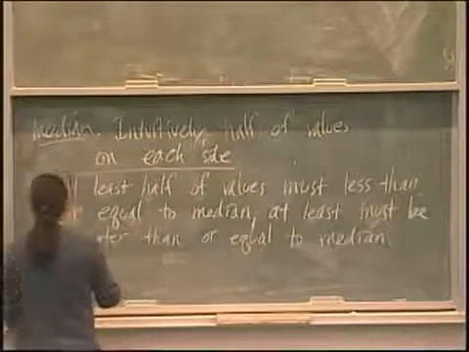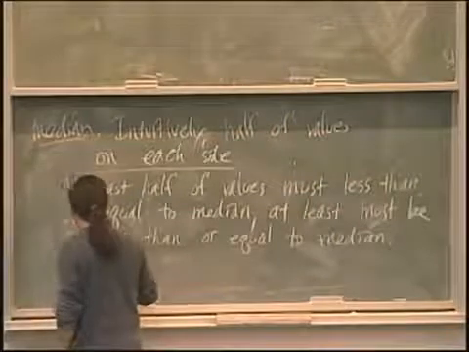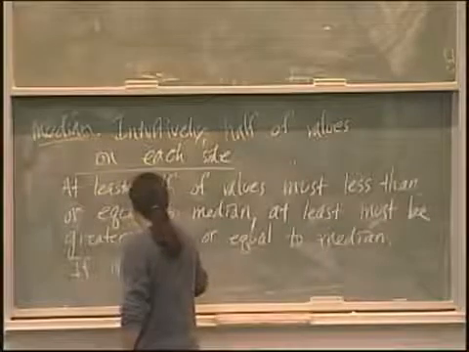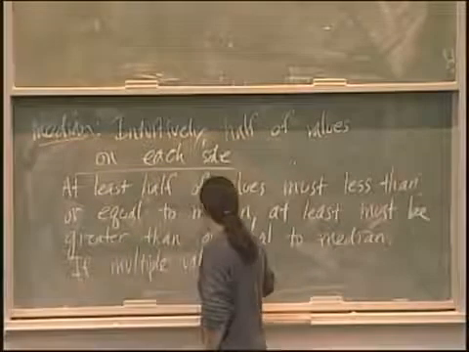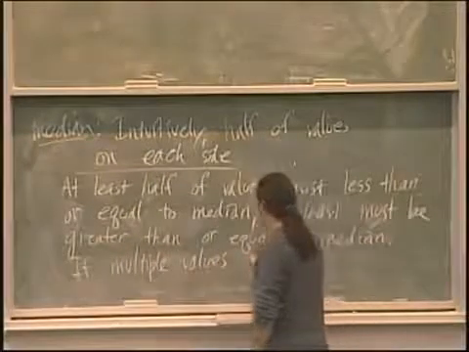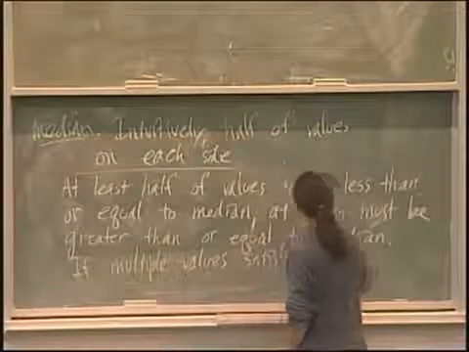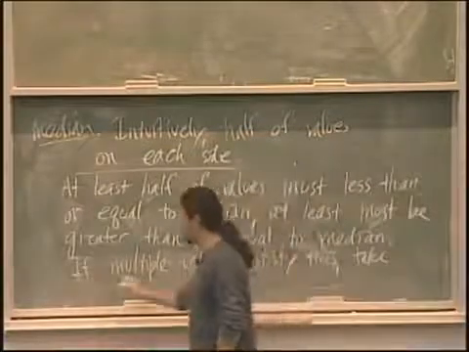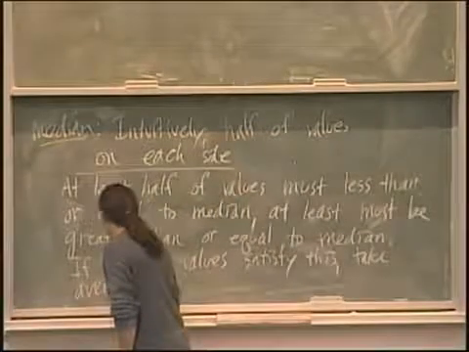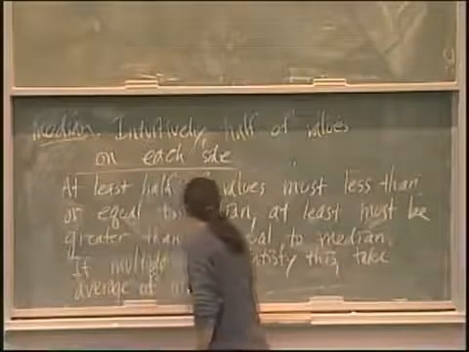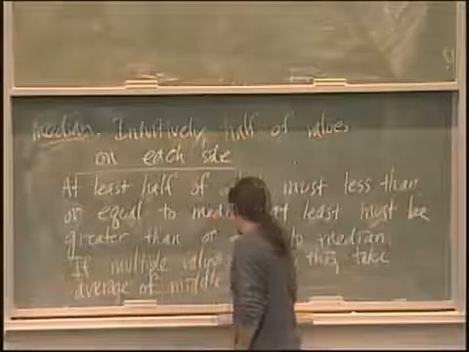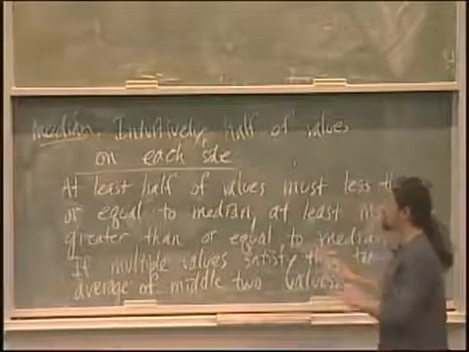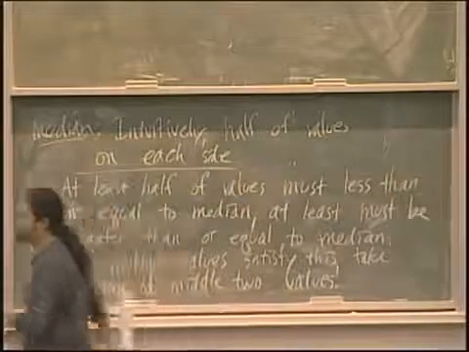But yeah, the last bit is that if multiple values satisfy this, take the average of the middle two values. Okay? So like I said, that part probably doesn't make sense until I do an example. So let's do an example.